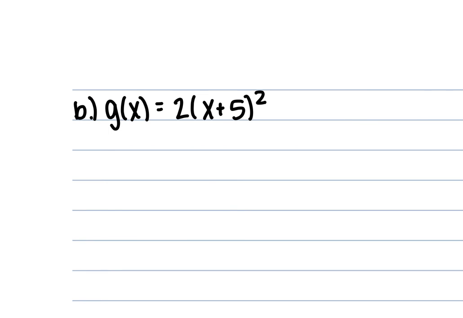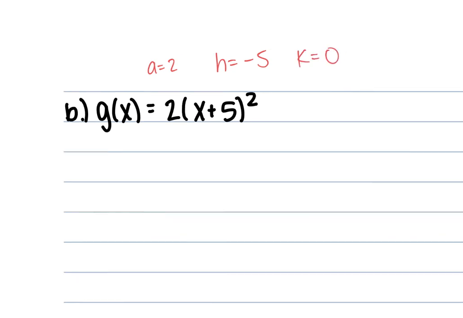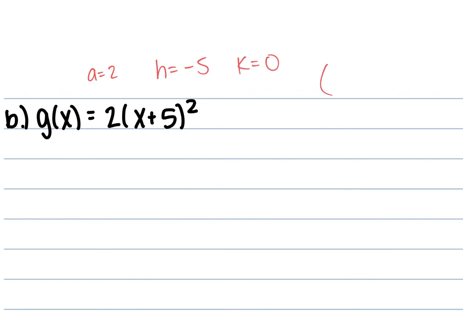All right, let's identify. What's A? A is 2. What's B? Oh, there's no B. Excuse me. What's H? -5. What's K, Bruno? K is 0. Where's my vertex going to be? Cody? Is it -5, 0? It's -5, 0. What's my axis of symmetry going to be? Not -5.